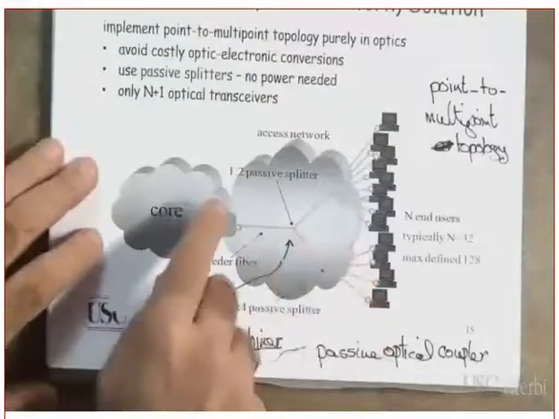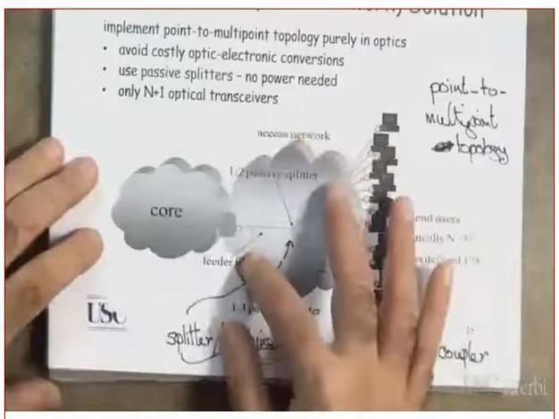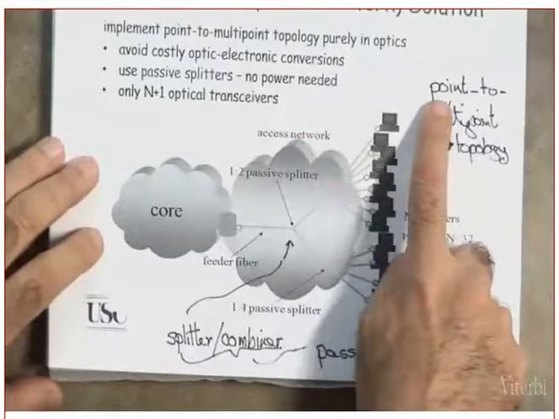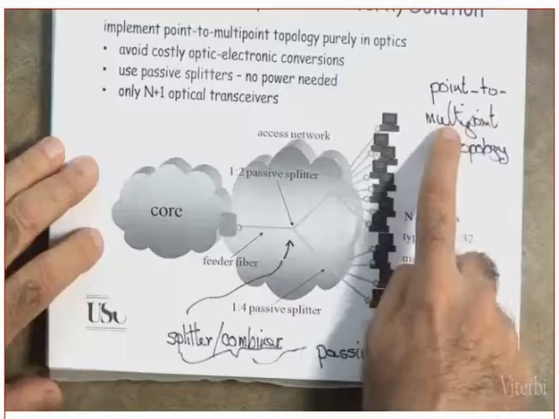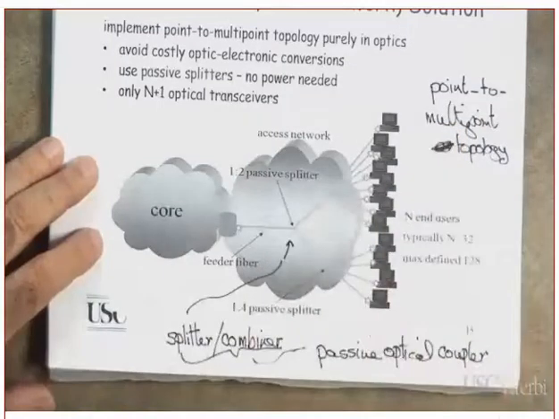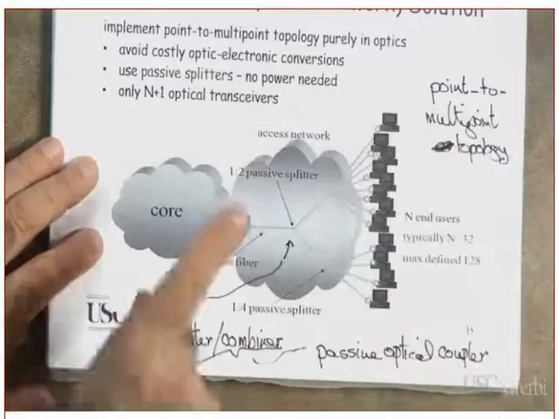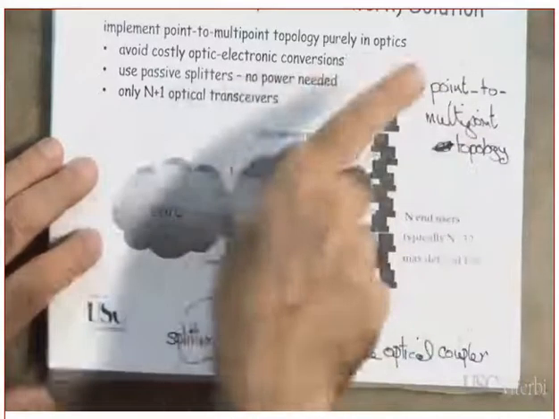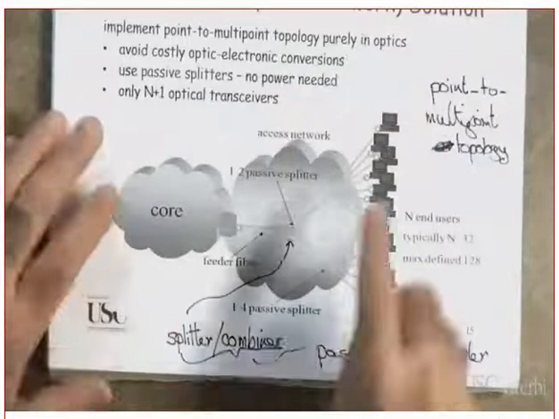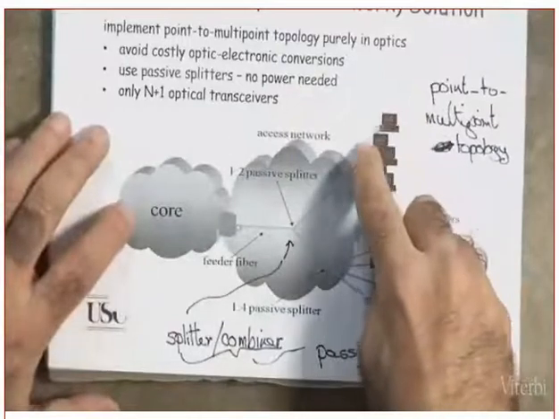In this case, even though the topology, the diagram did not change, it is no longer a point to multipoint. It is now a point to point, without extending multiple fibers.